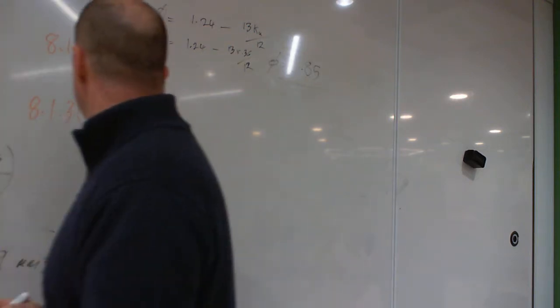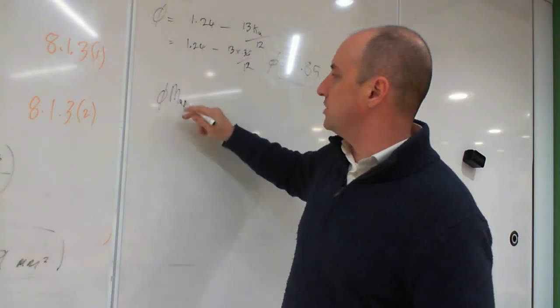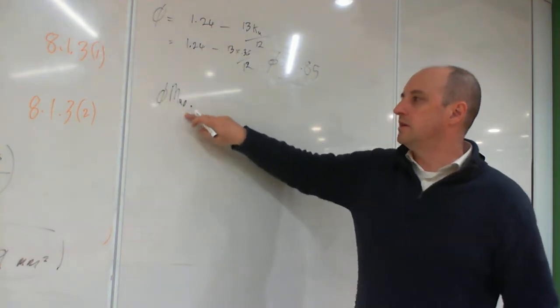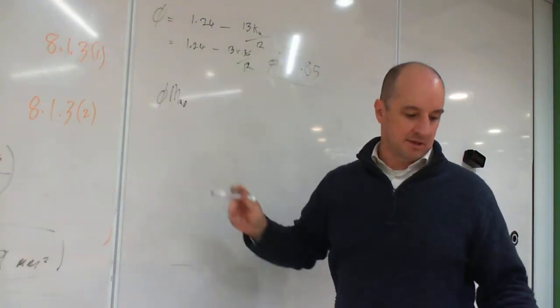So now we can work out phi Mu naught, which is the bending moment capacity of the singly reinforced beam that's this size.